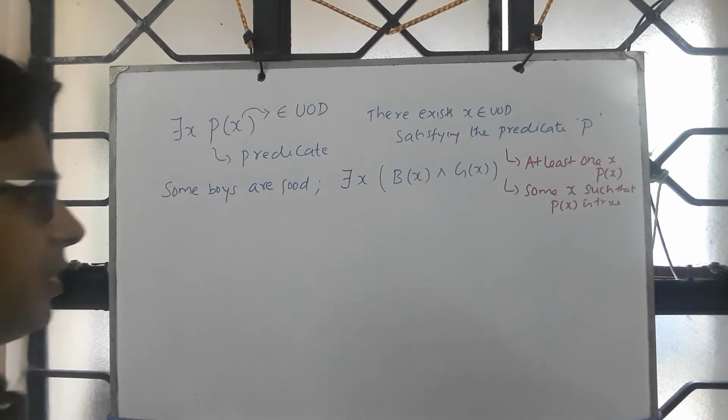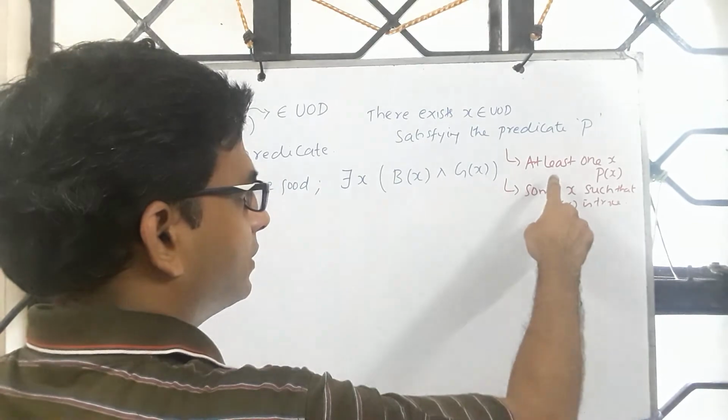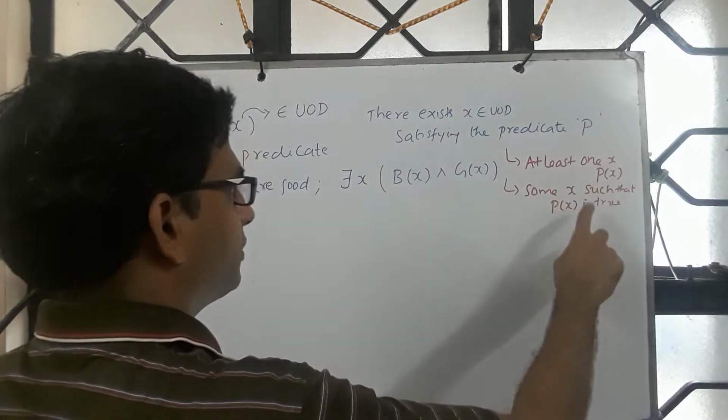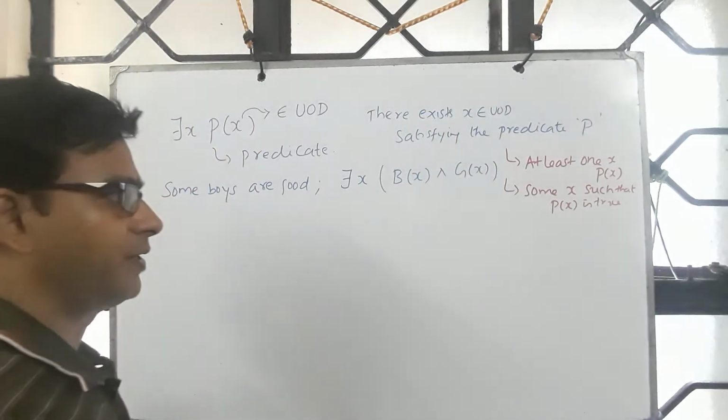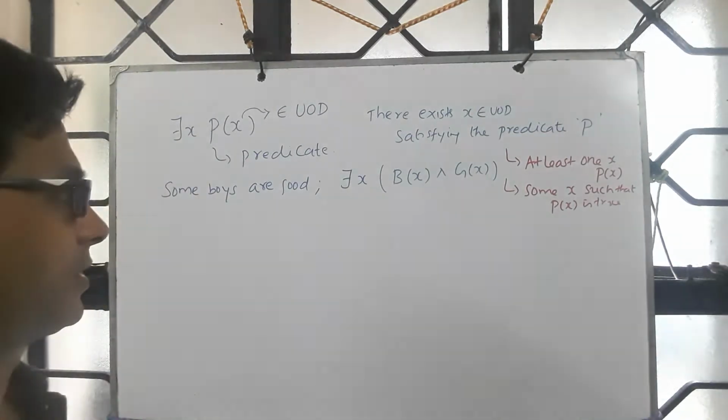So in natural language English, you may use this, or this, or this, but in first order logic they all mean one: there exists x, p of x.